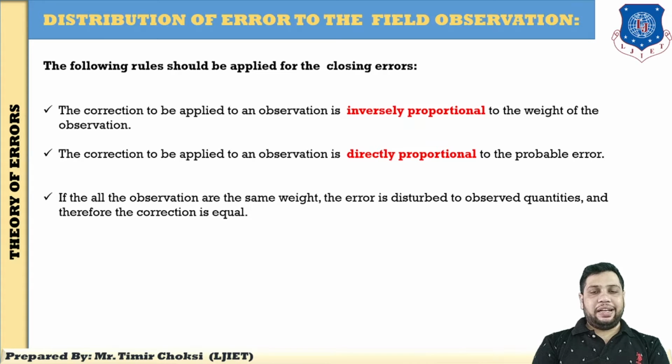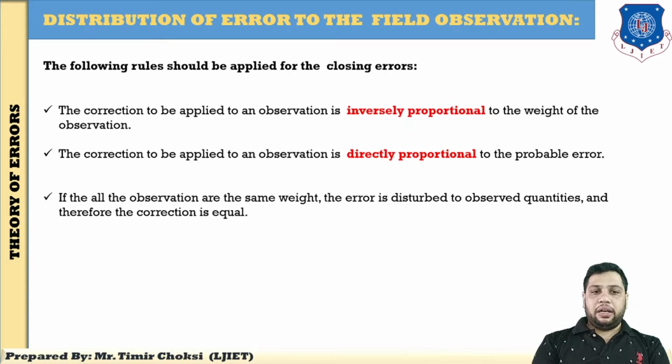So 10 seconds is the error. You can directly divide 10 seconds by 5, which equals 2 seconds. So a 2 second correction is equally distributed among the observed angles.